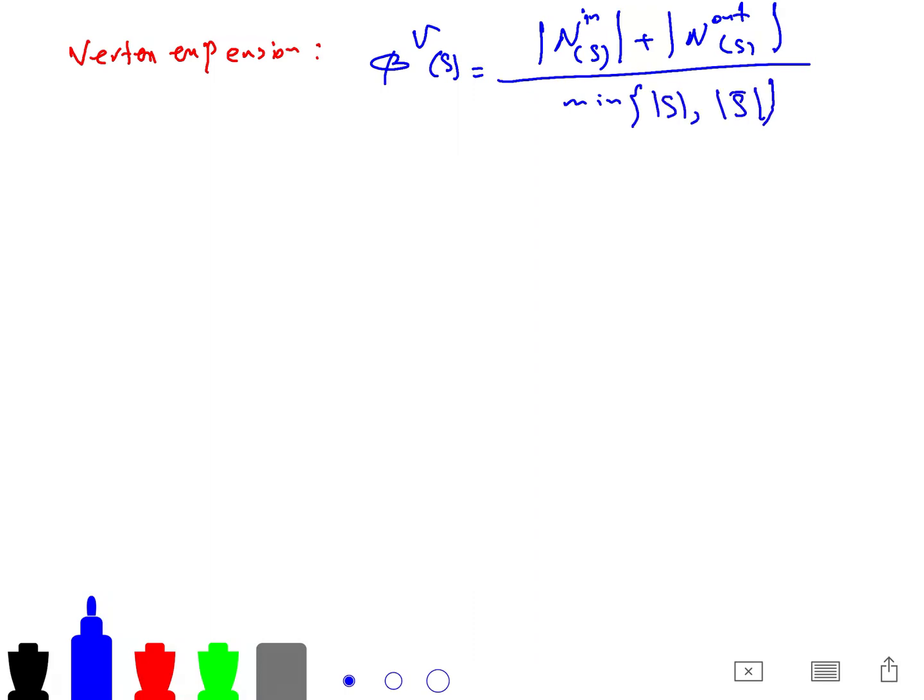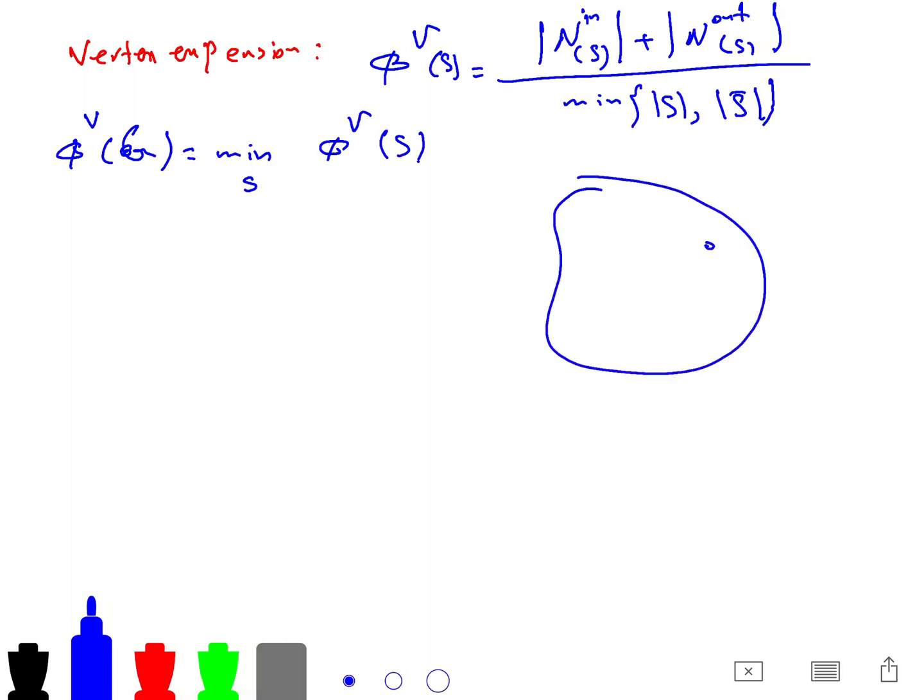This is as usual. So what we say is that phi of the graph G is the minimum over all such expansions. So the expansion of a graph is just the minimum over all expansions that are possible.